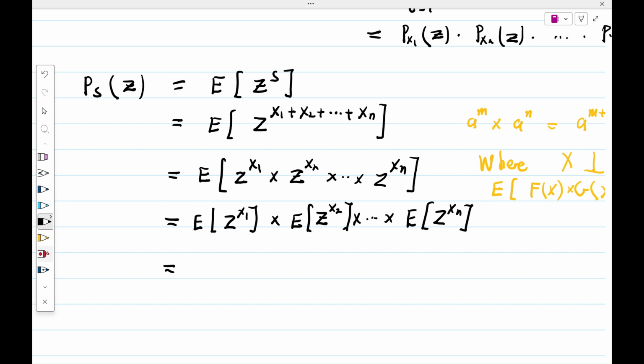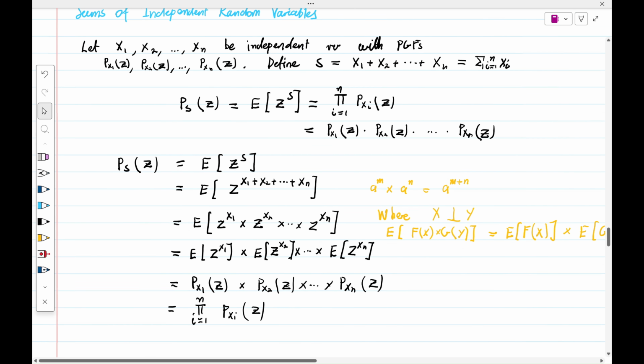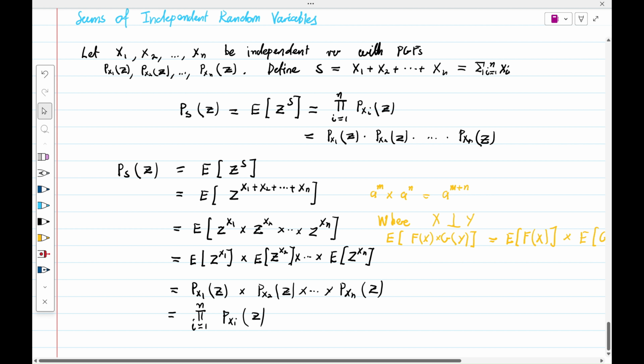And of course, by definition, we know what each of these expectations represent. They represent the respective probability generating functions. So if we now substitute in our probability generating functions, we can prove that this is in fact the product from i equals 1 to n of the probability generating functions at xi, which is my result above.